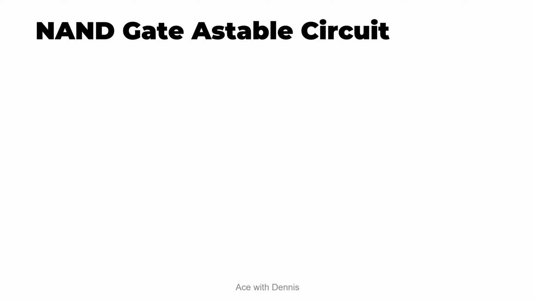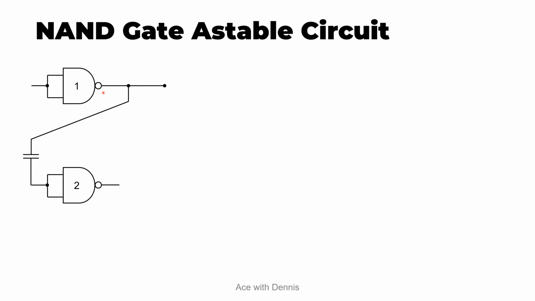Let's learn how a NAND gate astable circuit works. A NAND gate astable circuit consists of two NAND gates, where these NAND gates are equivalent circuits of a NOT gate. So the output of the first NAND gate is connected to a capacitor and to the input of NAND gate number 2.